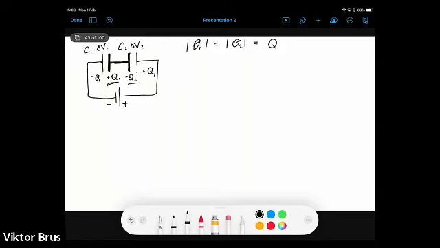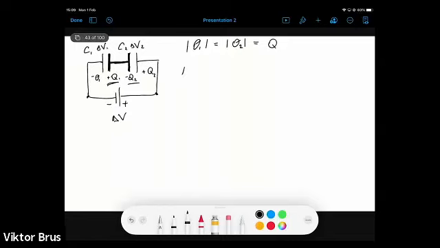Since we know now that electric charges which are accumulated in capacitors connected in series are equal, so each capacitor in this sequence of series-connected capacitors accumulates the same amount of electric charge, we can proceed further. So we know that the total potential difference will be delta V. It's defined by our battery or power source.